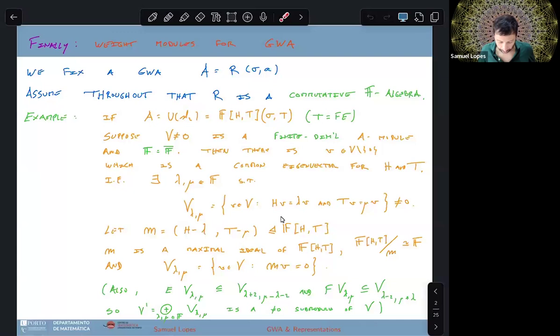Also, if we play the same game as before when we were looking at SL2, we started just with eigenvectors for H, because as we know, the element T doesn't exist in the Lie algebra. It exists in the enveloping algebra because it's the product of E and F, literally F and E. But we can try the same game and see: if I have this eigenspace here, and E acts on it, does it get mapped into another eigenspace?